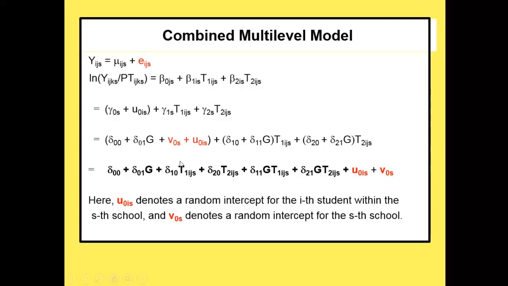So if I saw this and I wanted to write the code for this, how would I write the code? The model I'd use would have to be GLIMMIX, right? It has to be GLIMMIX because we see there are random effects, and also because we're modeling a rate.